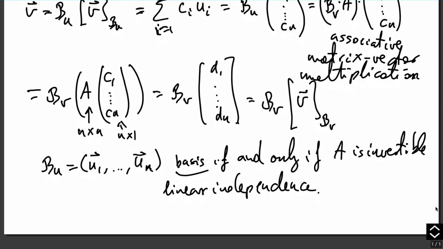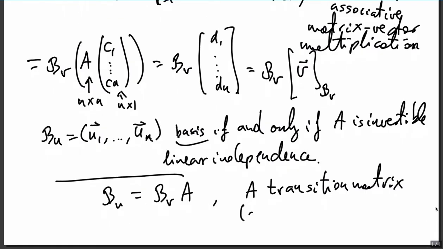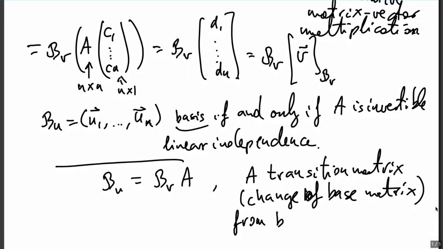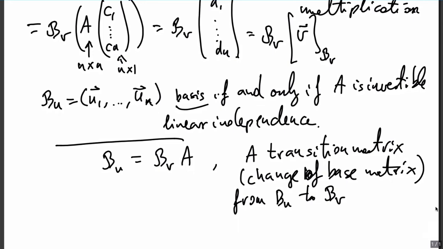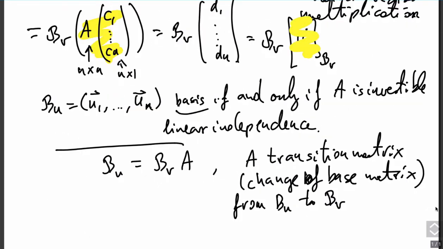So the important relation to write again is BU equals BV times A. Then A is called the transition matrix or change of base matrix from base U, that was BU, to base V. And what this equation says is that the V basis is the same in these two cases.